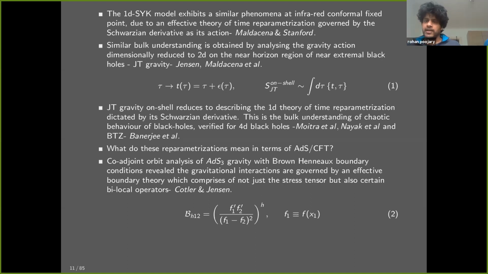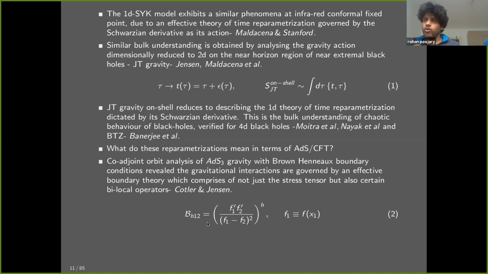It's bilocal in nature, which is given by this. I'll explain what this precisely is, where f is your reparametrization. You reparametrize your 2D coordinates from x to f of x, and this kind of a bilocal operator plays a role.